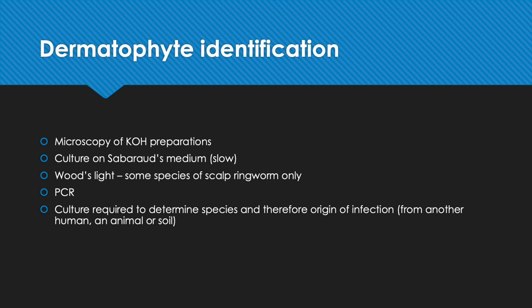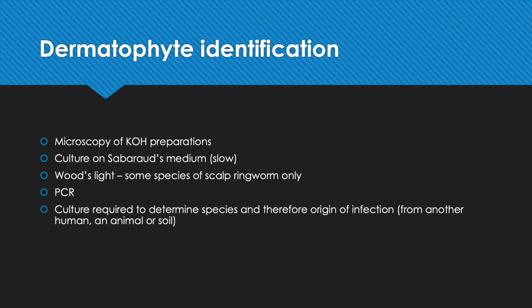Culture is required to determine which species of dermatophyte fungus is infecting the human. And that's important because different species of fungi might have been acquired from different sources of infection. So, for example, some dermatophyte fungi spread only from humans to humans.